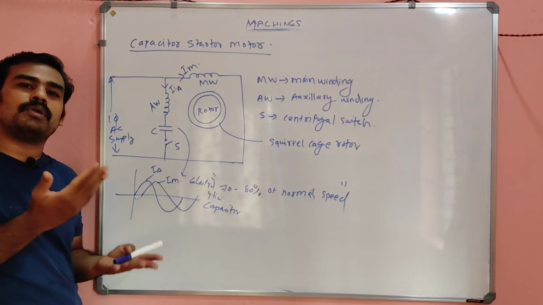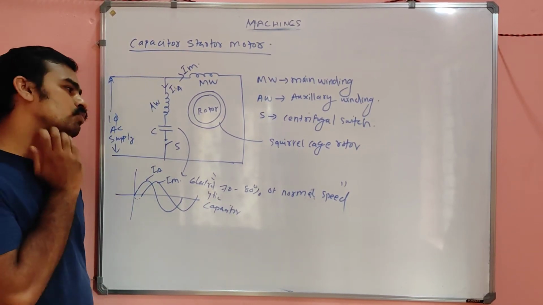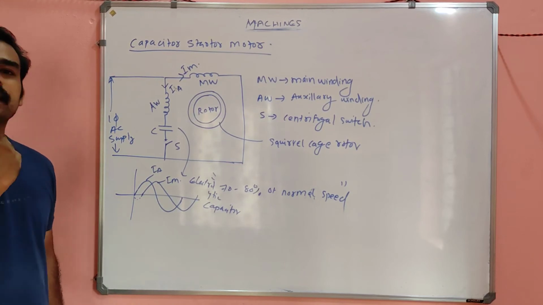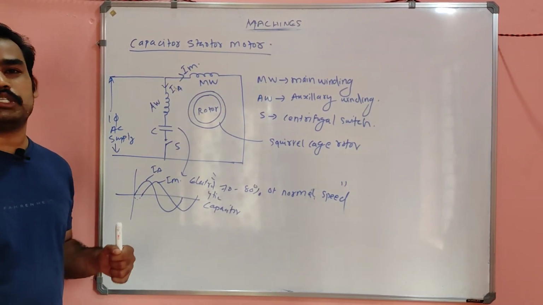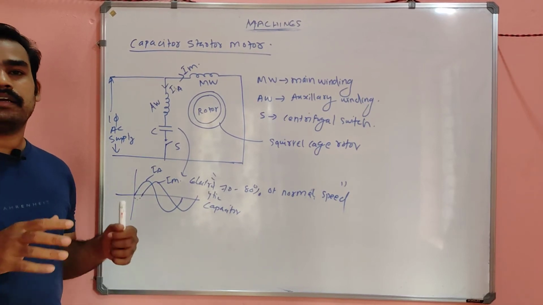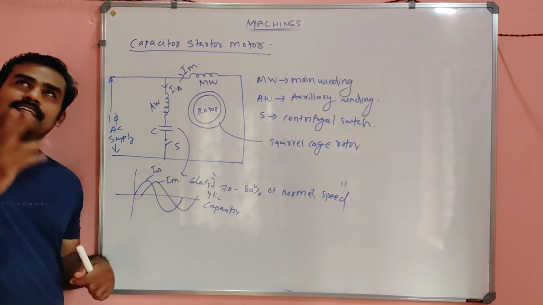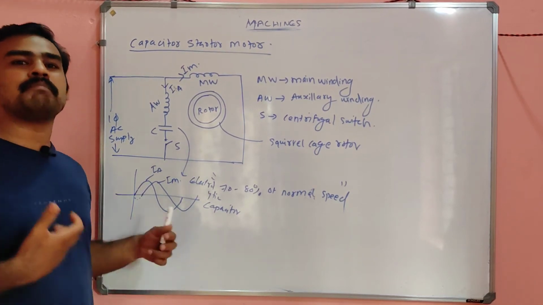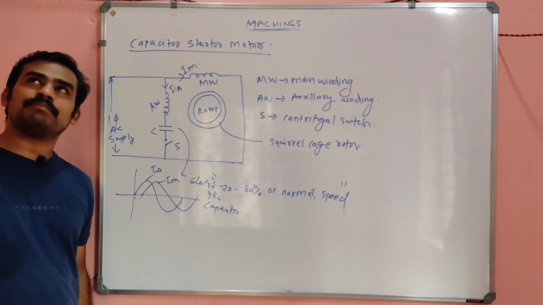It can't store. It won't provide as much leading current as before. So there will not be a super powerful rotating magnetic field. A very, very bad rotating magnetic field will be there, so the motor won't catch up to that much speed. Is it clear?